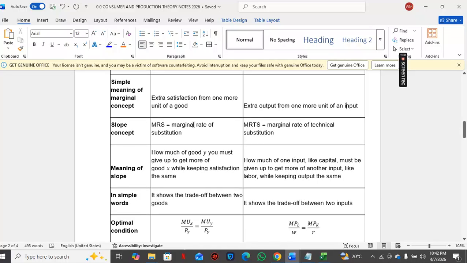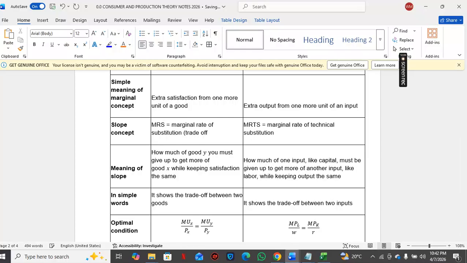Okay, the slopes for the budget constraint and the cost constraint equations, and for the indifference curves and isoquants. For consumer theory, you hear what is called the marginal rate of substitution. This is the trade-off rate.